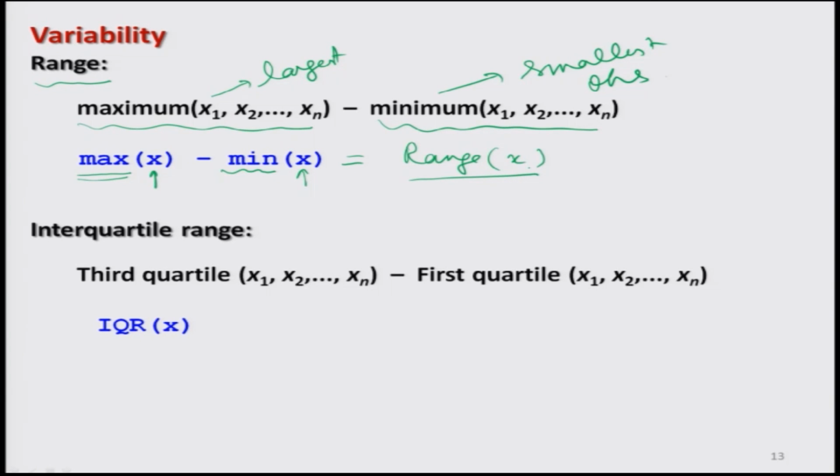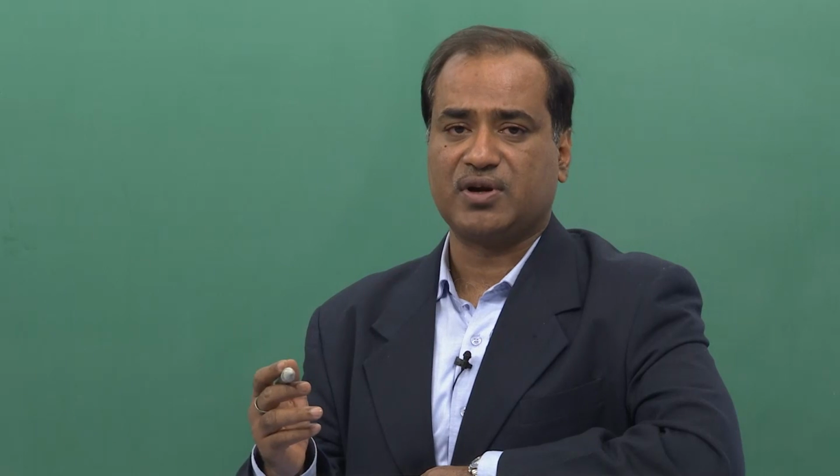Right. The next popular measure is the interquartile range. The interquartile range is simply defined as the difference of the third quartile and the first quartile. We discussed in the earlier lecture what quartiles are: the entire frequency is divided into 4 equal parts, first quartile, second quartile, third quartile, fourth quartile, where the second quartile is the median.